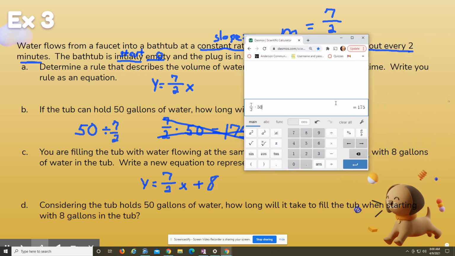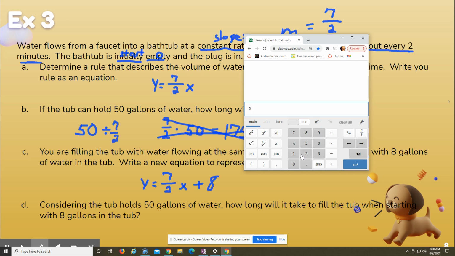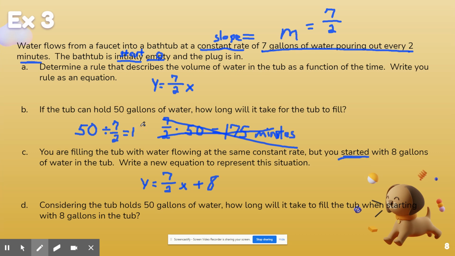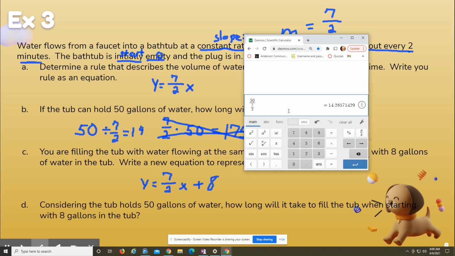So even teachers make mistakes sometimes. So you would take 50 and you divide it by 7.5, which comes out to be 14 point, let's see, 14.28 minutes.